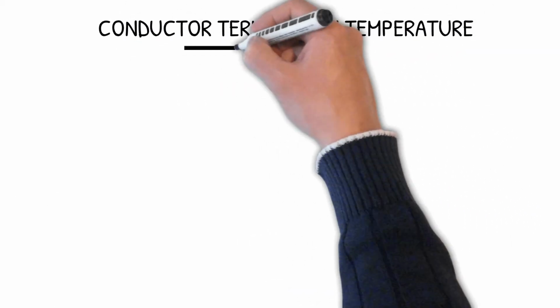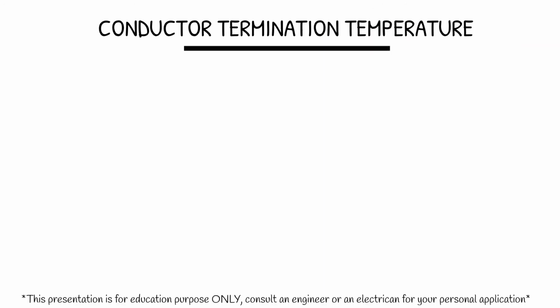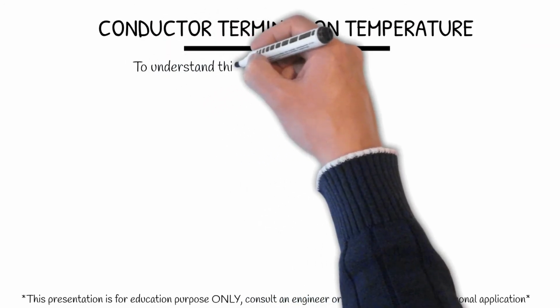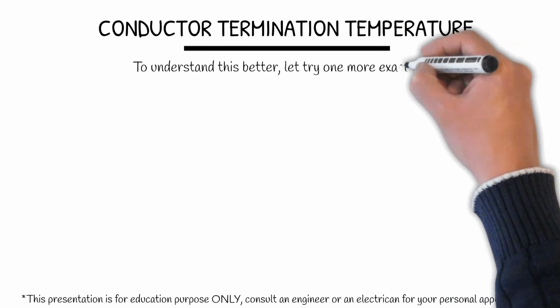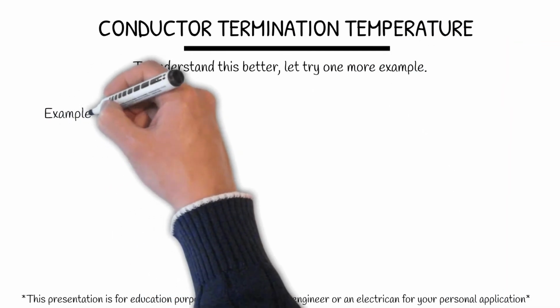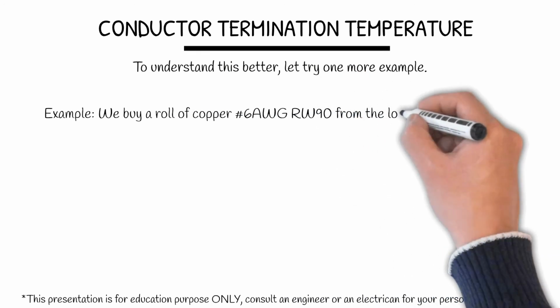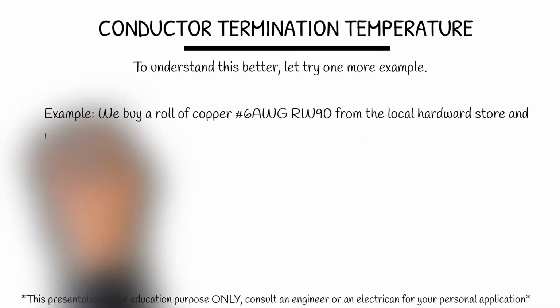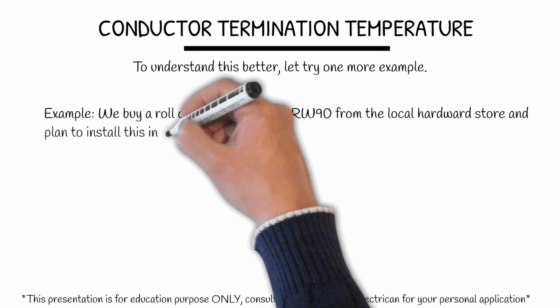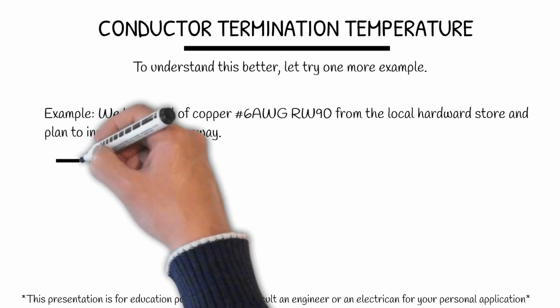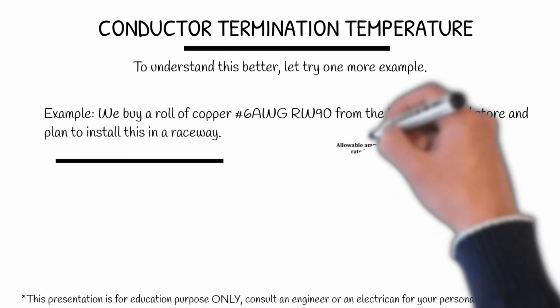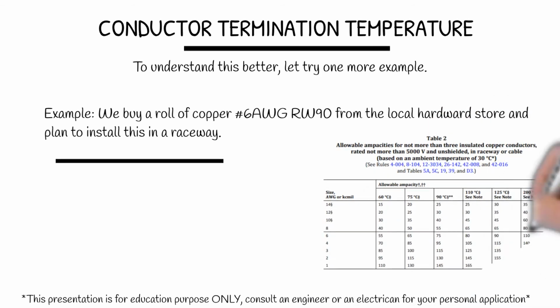Conductor termination temperature. To understand this better, let's try one more example. We buy a roll of copper number 6 RW90 from the local hardware store and plan to install this in a raceway. Let's recall table 2.